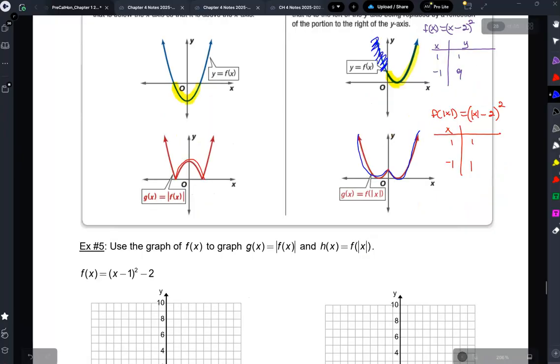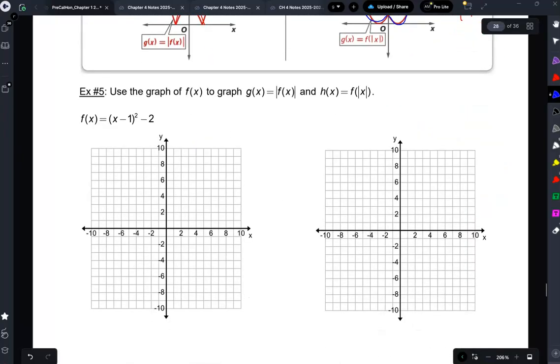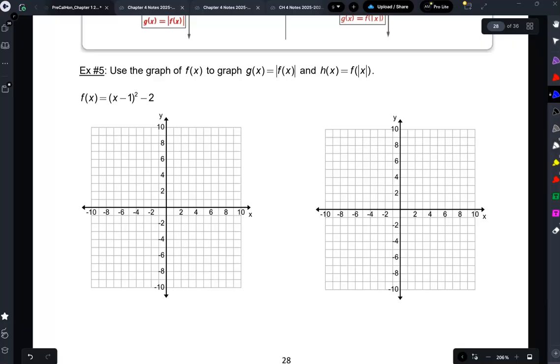But in the other one, the y's were positive though. It's not the y's. It's just that any x value you put in first changes to positive x, then you get the corresponding y. All right. So here we go.